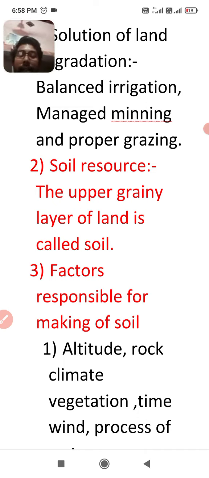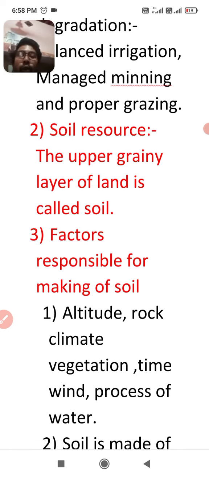Next, wind. In 7th class you learned that wind changes the formation of soil. And the process of water: in soil erosion, water washes away the upper part of the soil. These are the main factors responsible for making soil. I think you got the point.